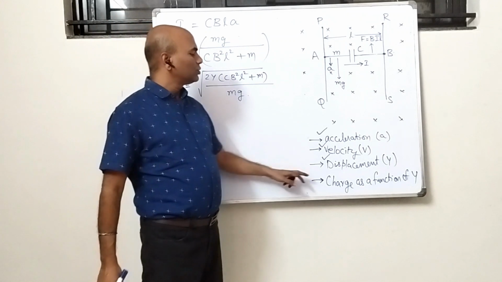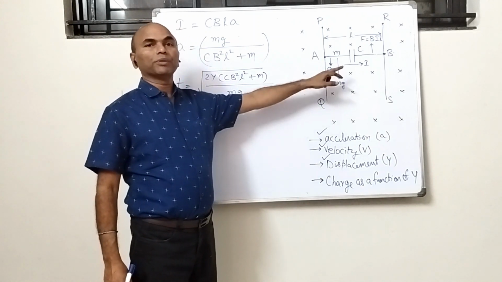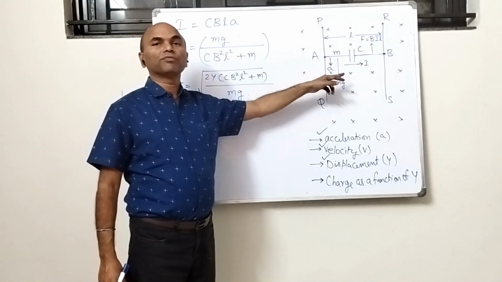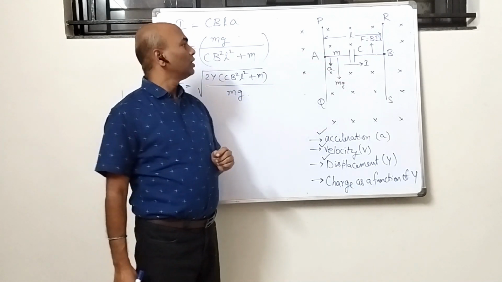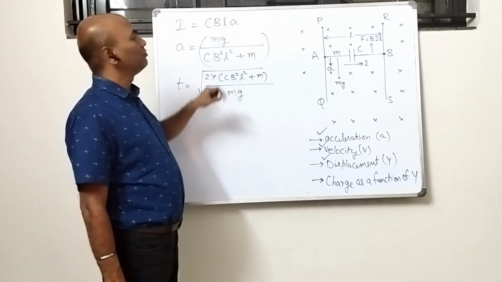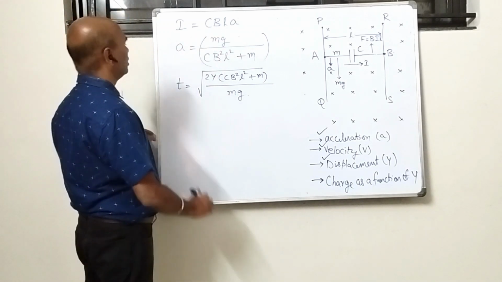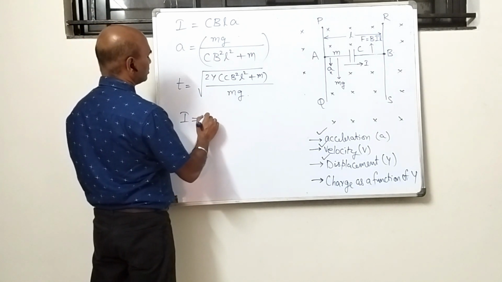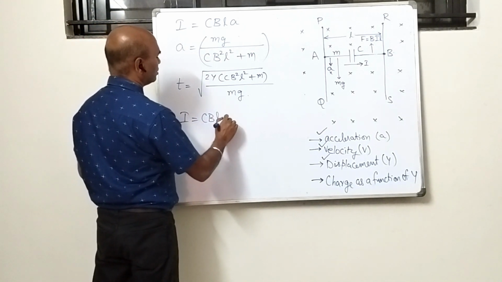Now to get the charge on the capacitor, because it's getting charged, as a function of y, let us again consider the expression we got at the beginning for the current. I is equal to CBL into a.